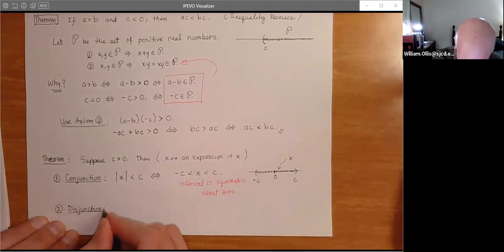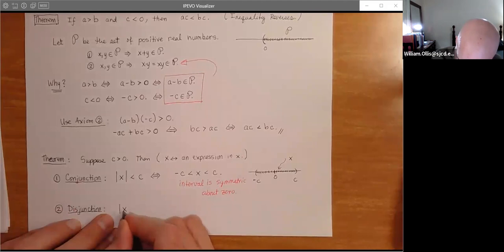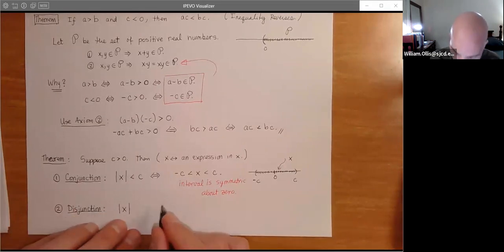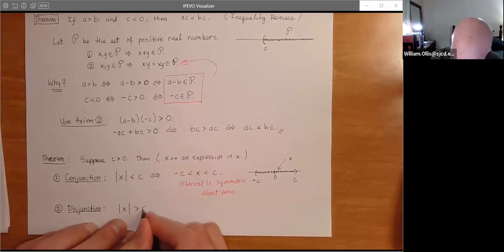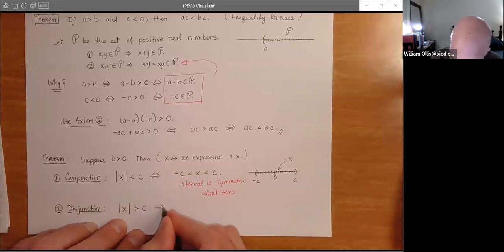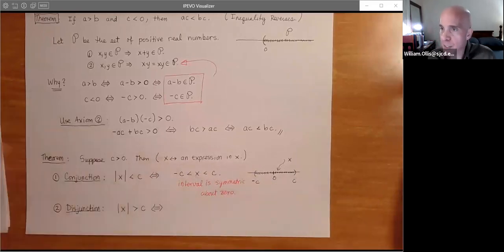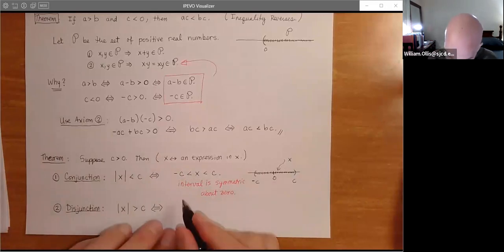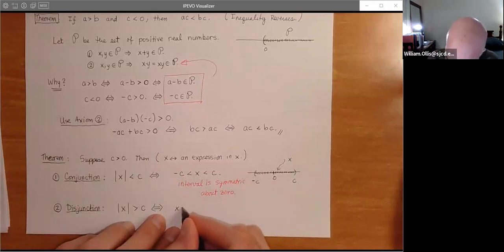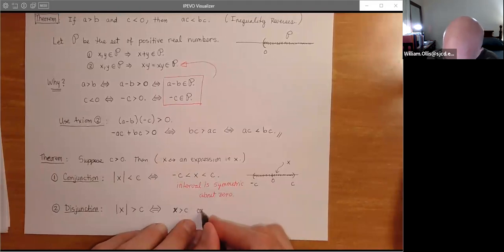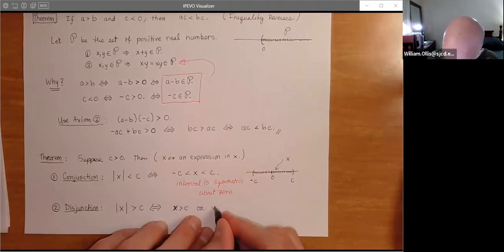Disjunction. And the only difference is it doesn't get as much time as the conjunction. This just says that the absolute value of x is greater than c. And then, of course, instead of getting a connected set, you're going to get a set that's disjoint, that's disconnected. The intervals will go in opposite directions. So this would say that x is greater than c when it's true, or x is less than the additive inverse of c.